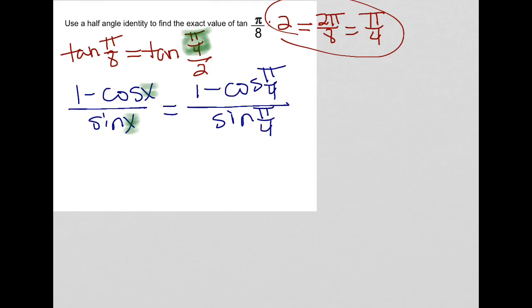We all know that cosine and sine of pi over 4 is square root of 2 over 2. I'm simply going to substitute square root of 2 over 2 for both sine and cosine. I'm going to do my algebra and simplify that complex fraction. Here is my work.